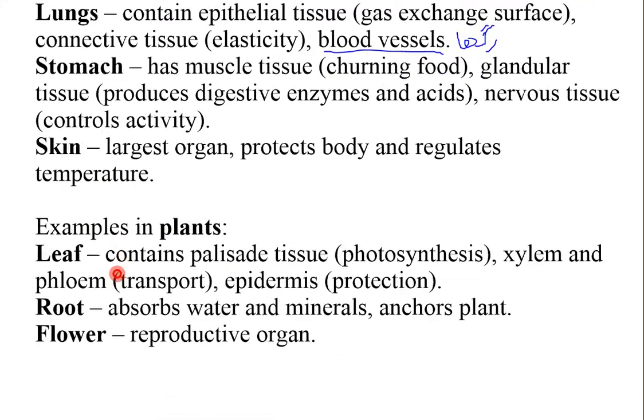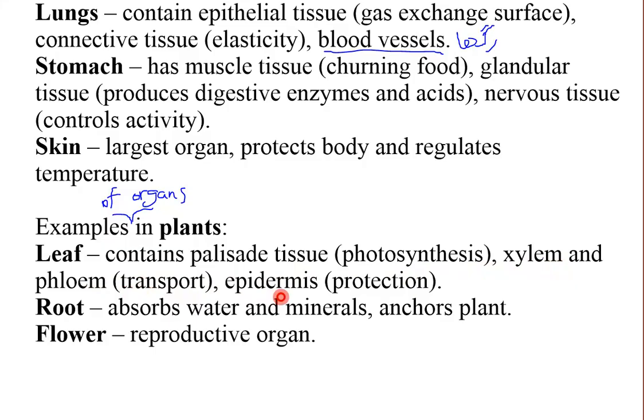Okay, here are some examples of organs in plants. So let me add, these are examples of organs in plants. Leaf, roots, and flower. Leaf contains palisade tissue, xylem and phloem.